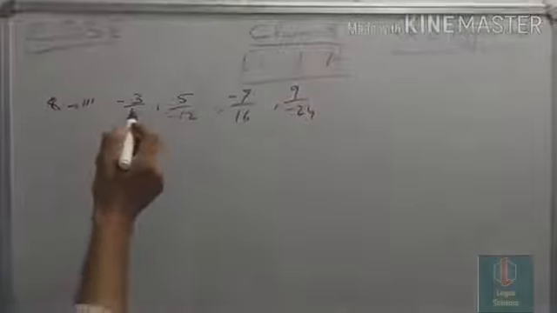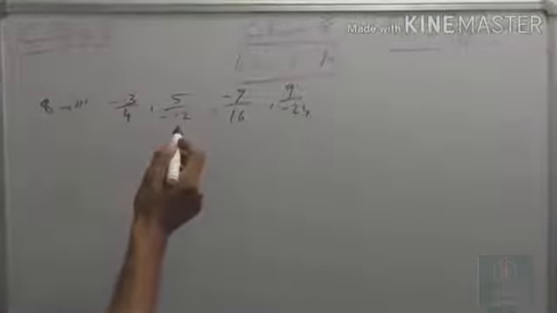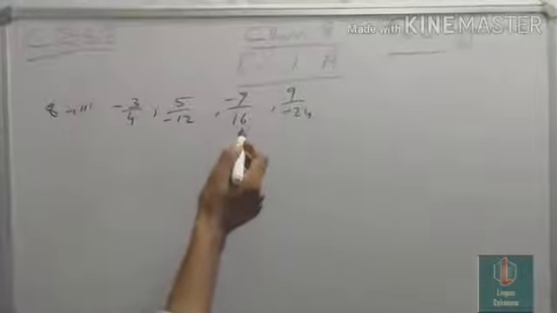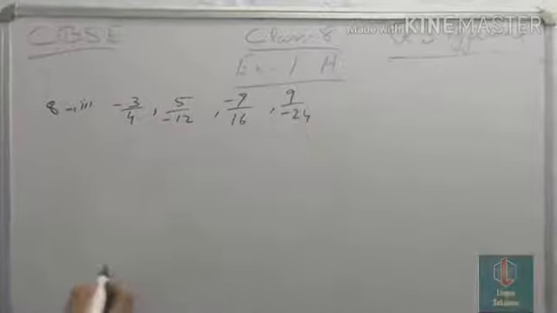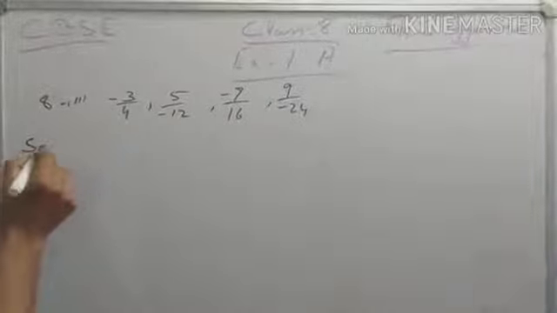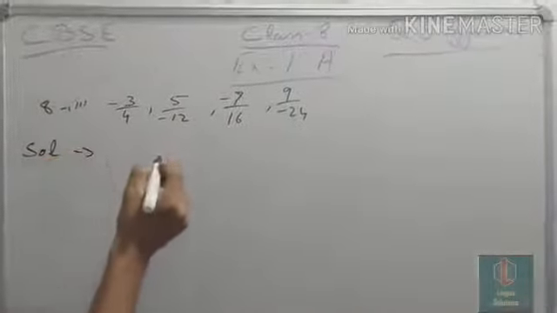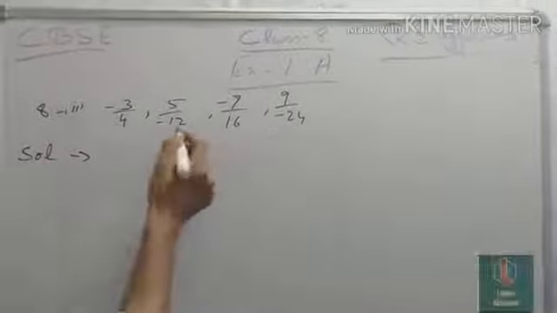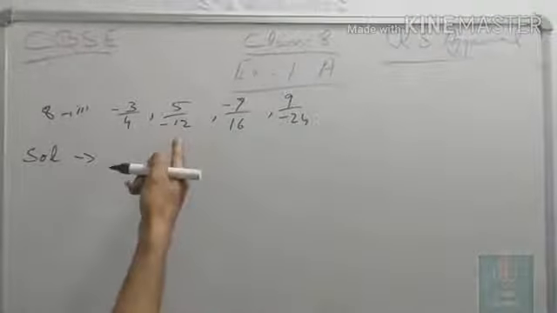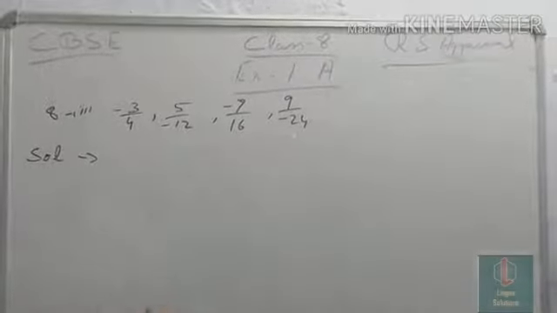Our second set is minus 3 by 4, 5 by minus 12, minus 7 by 16 and 9 by minus 24. Come to the solution. First we will see minus 12 and minus 24.